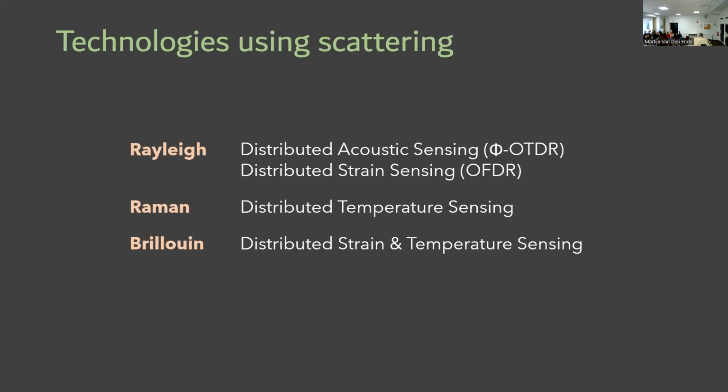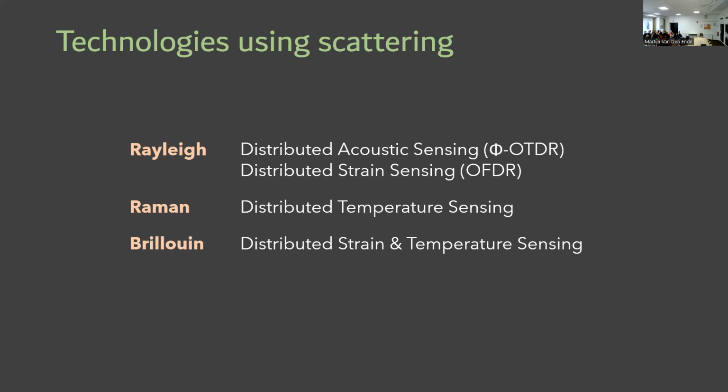Okay, so based on these three types of scattering, we have different types of distributed fiber-optic sensing. Distributed acoustic sensing, or DAS, is one that is very popular in geophysics. The underlying technology is what's called phase optical time domain reflectometry. There is a frequency domain brother of that, which is called optical frequency domain reflectometry.